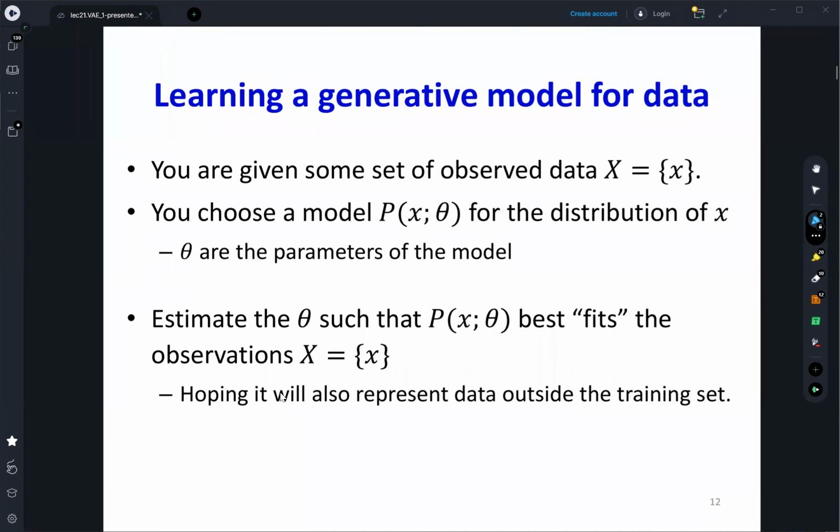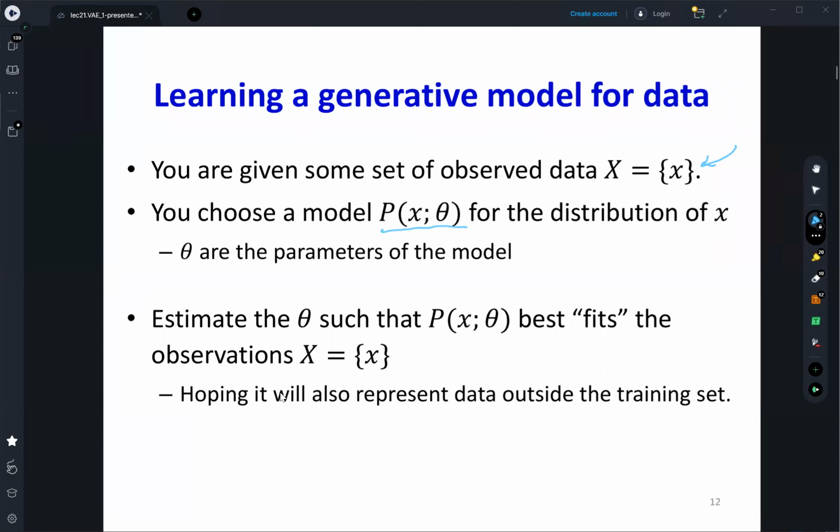So here's the general principle. You're given some set of observed data, and you want to model the distribution of this data. So to model it, you're going to choose some model, P of x semicolon theta, where theta are the parameters of the model.